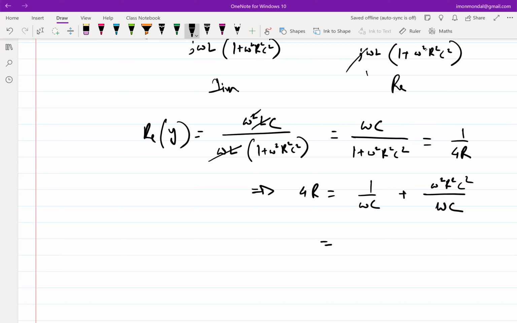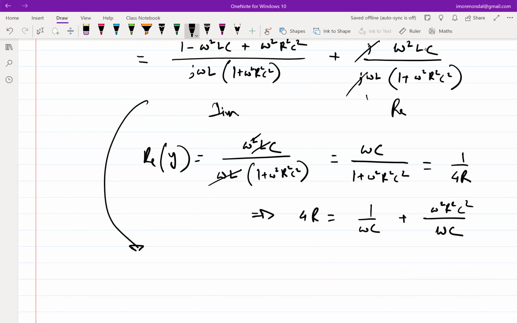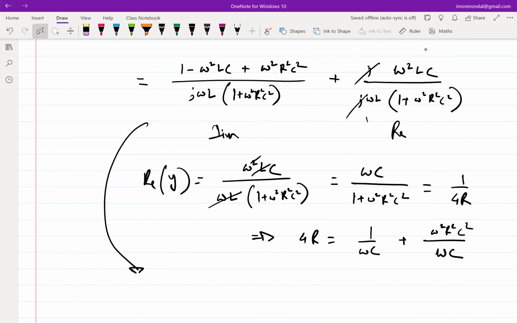Did I make a mistake somewhere here? Okay, let's concentrate on the imaginary part also. So ideally this imaginary part, I think I made a mistake somewhere.